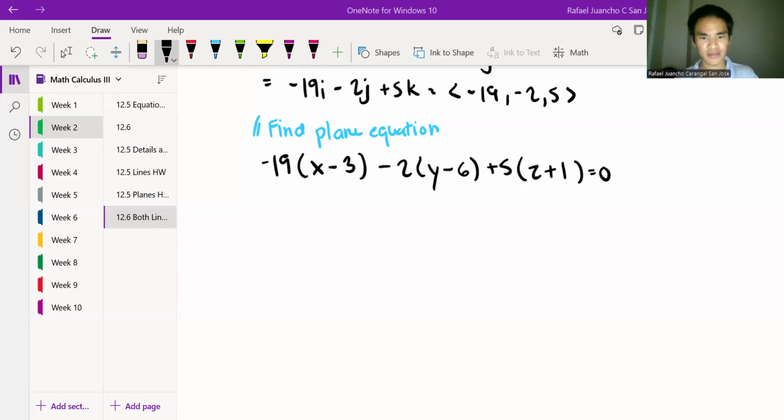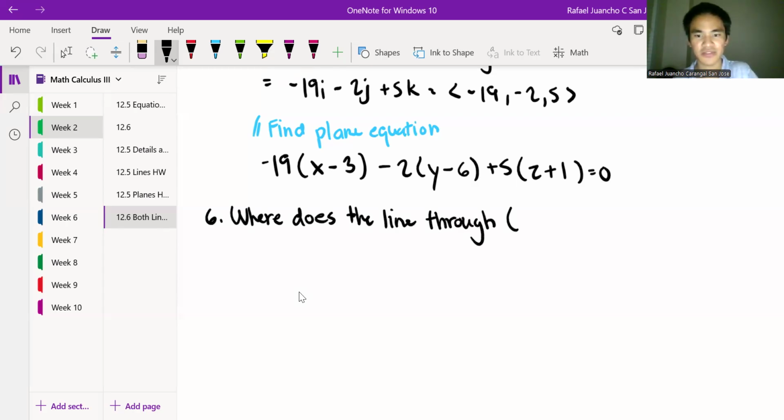Okay. Try to go through some of these problems more quickly. For number 6, where does the line go through? So this line passes through some points.